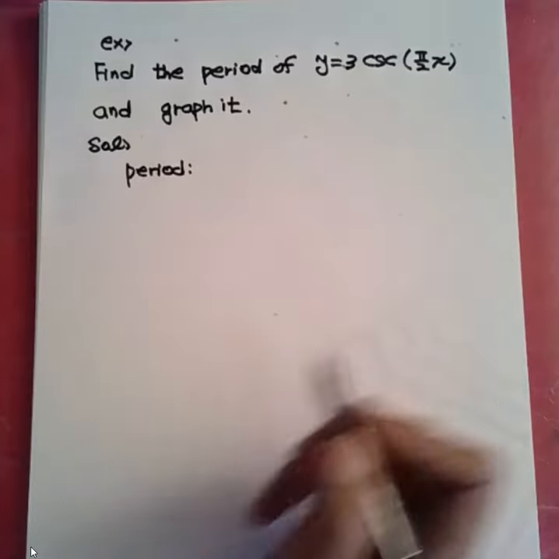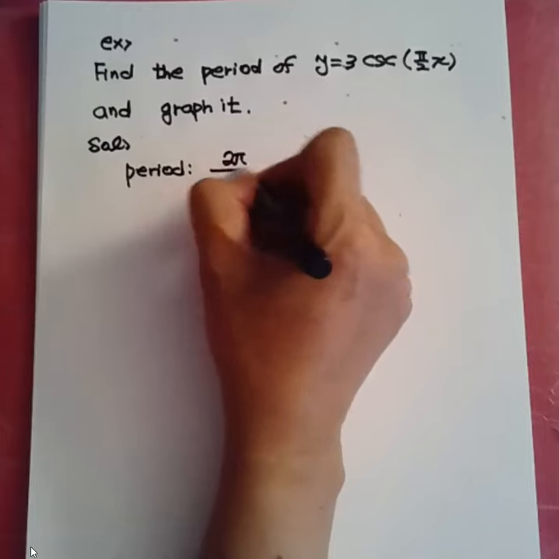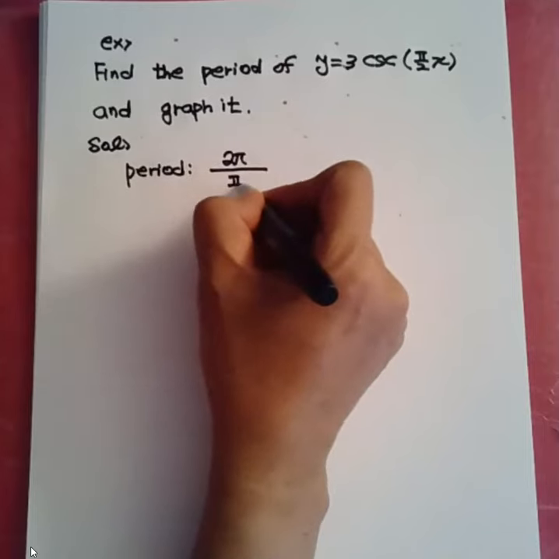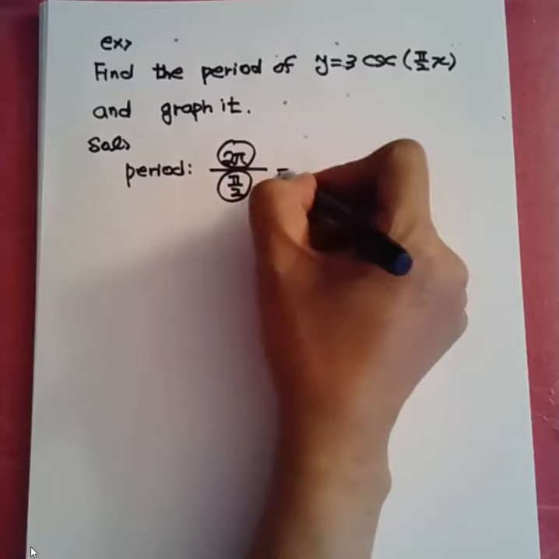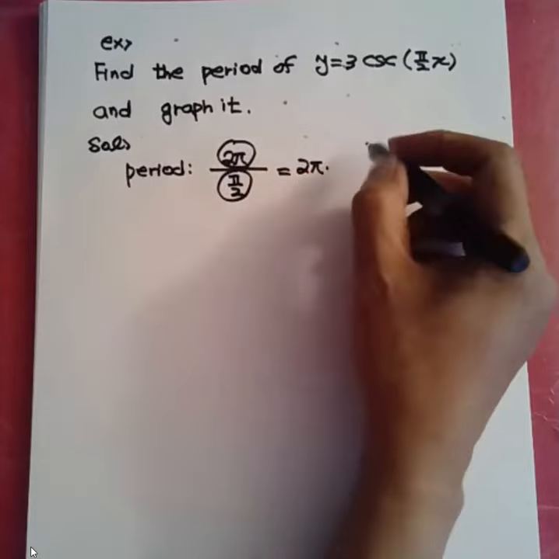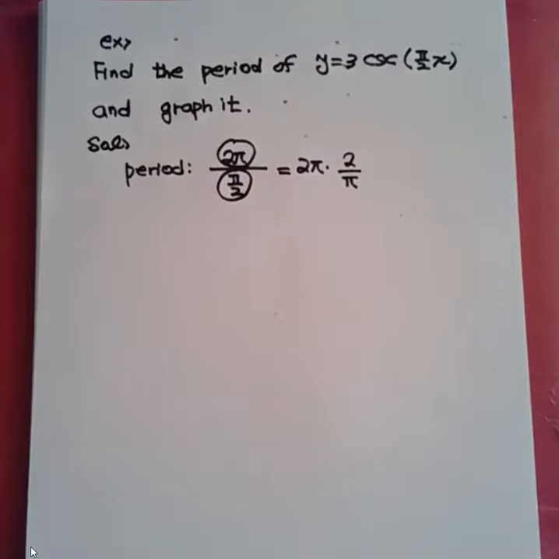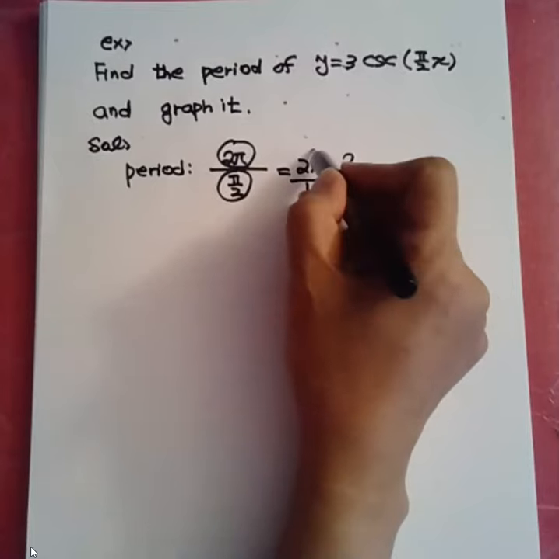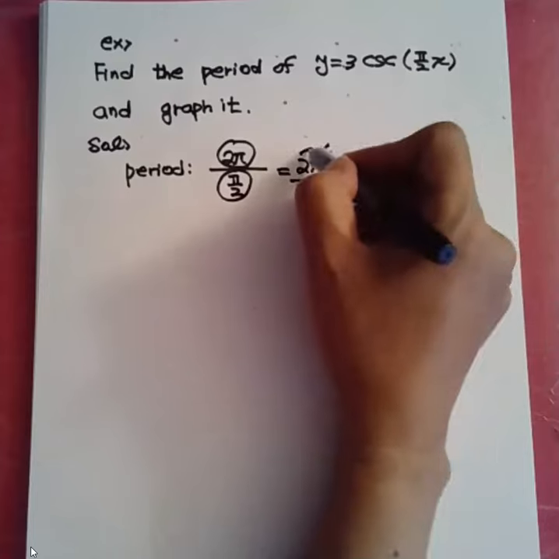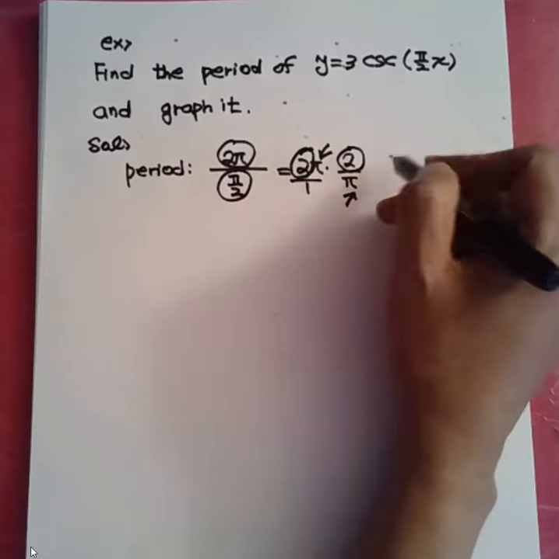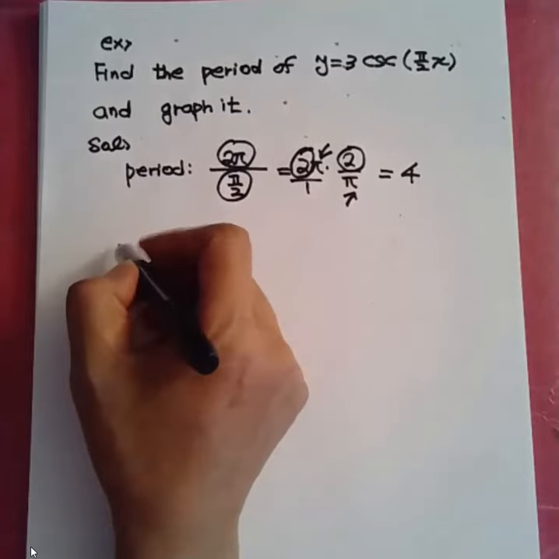The period formula for cosecant function is 2 pi divided by the number in front of x. This is numerator, this is denominator, so we can rewrite that as 2 pi times the reciprocal of the denominator. So pi and pi will cancel each other, and this 2 and this 2 will multiply together and become 4.